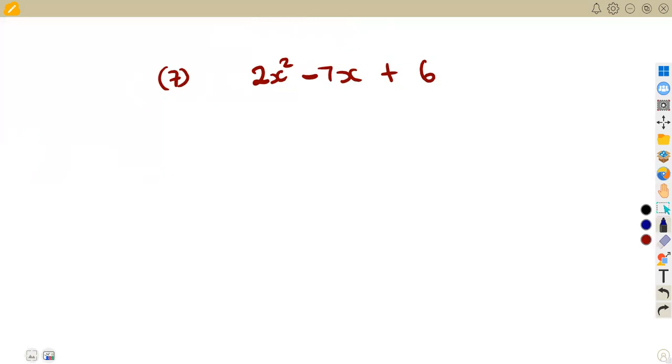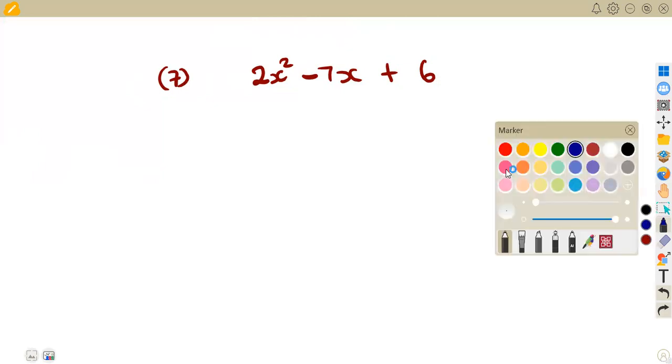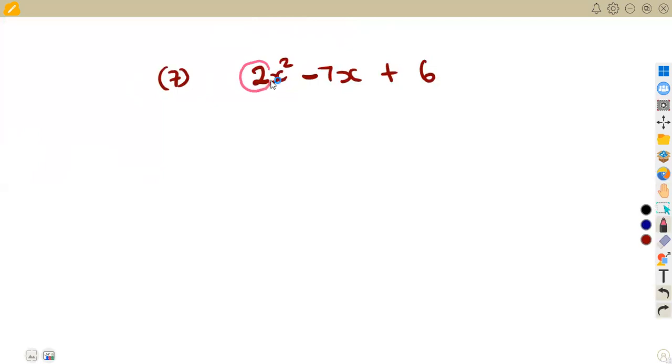And I said whenever the coefficient of x squared is no longer a 1, what you do is that you consider the first term and the last term. So you're going to consider the first term and the last term. And on the last term, don't even focus on this sign. So for you not to be in confusion, guys, just consider the number as it is. It's a 6.